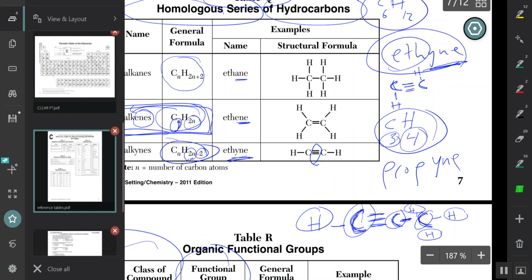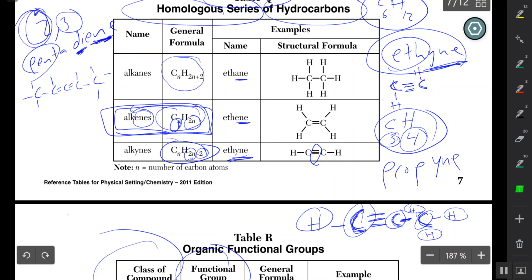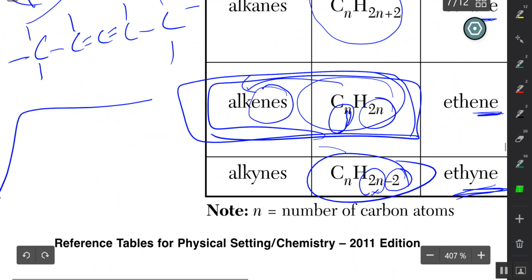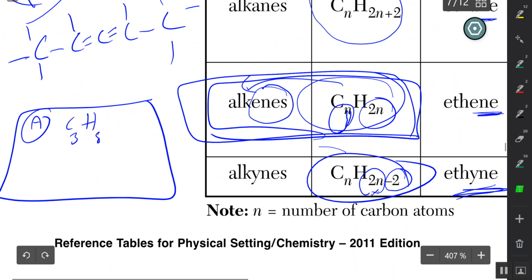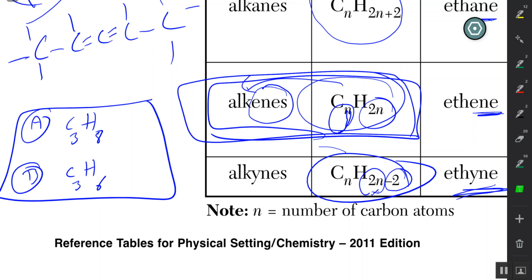Let's go back to our readings, and you may be asked the question, which of the following represents a saturated hydrocarbon? Is it A, C3H8, or is it B, C3H6? Now saturated, remember, means single bonded.